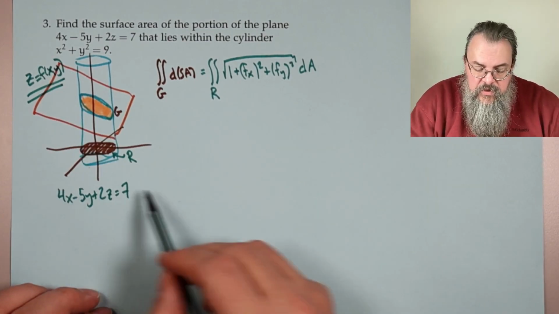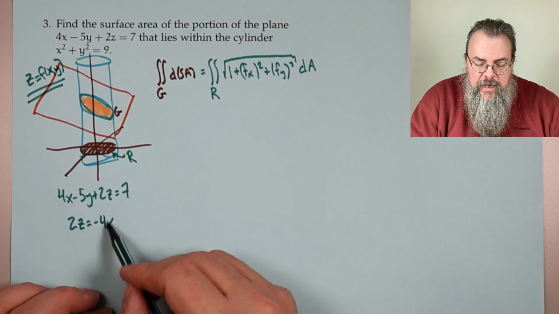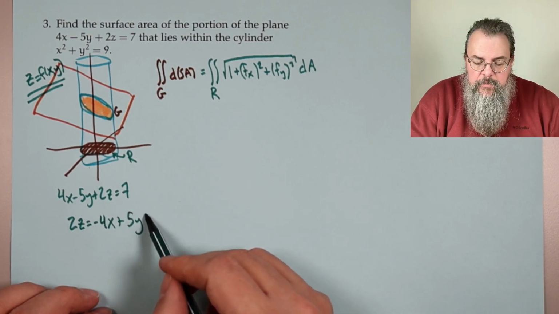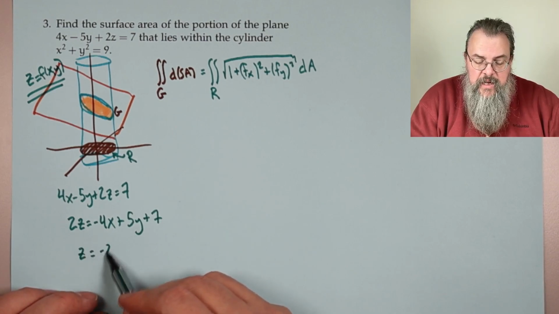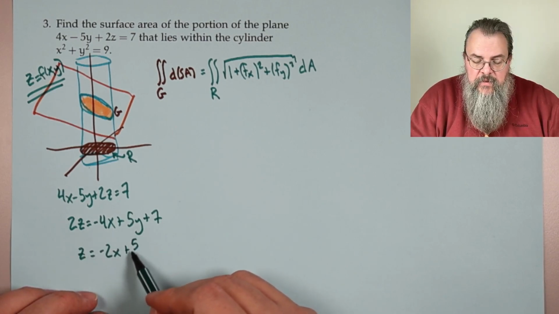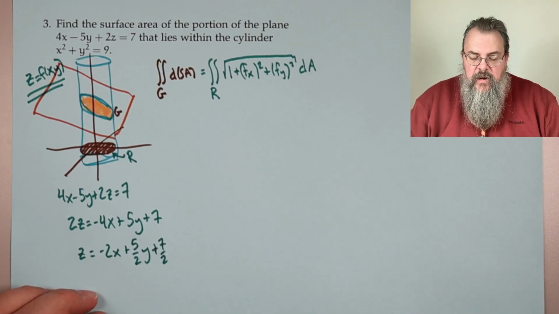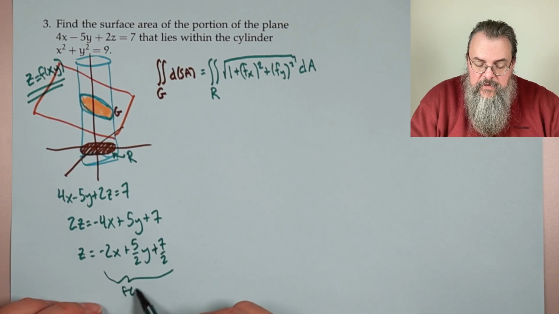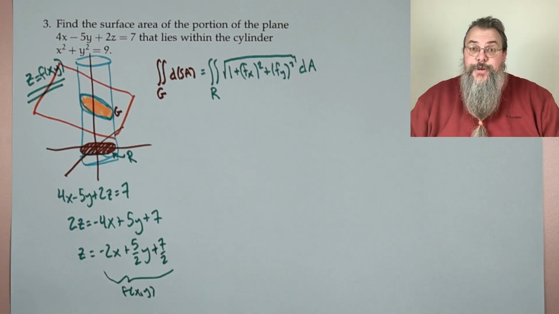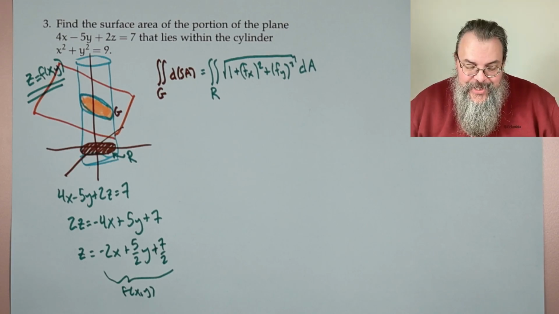We move things across, get 2z equals minus 4x plus 5y plus 7, divide by 2: z equals minus 2x plus 5 halves y plus 7 halves. All right, so this is our f of x, y. Now the good news is these are nice functions. They're flat functions. We love flat functions.